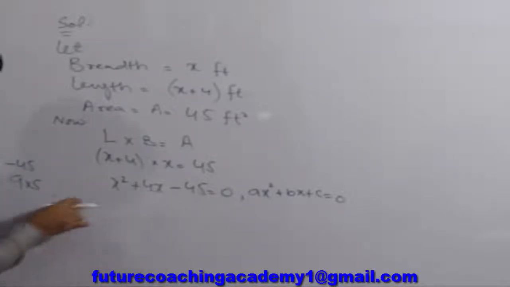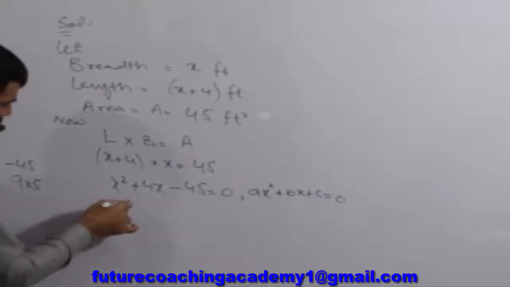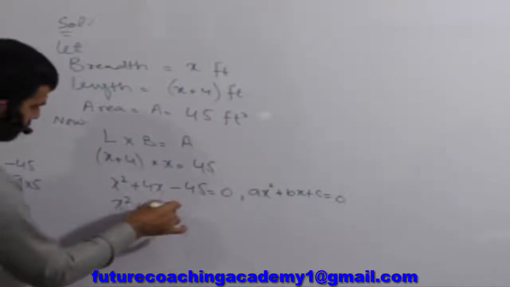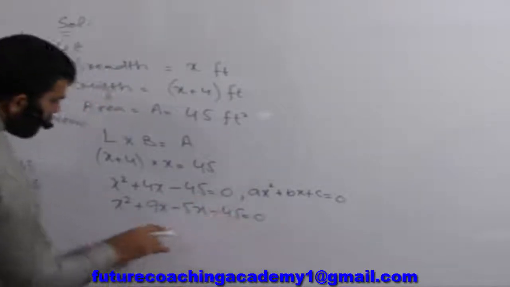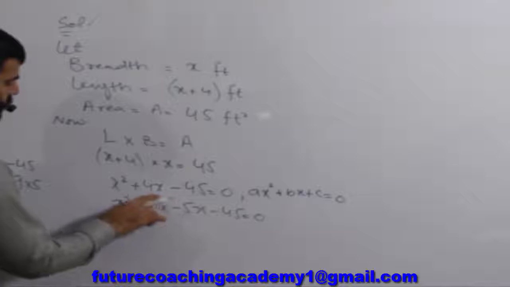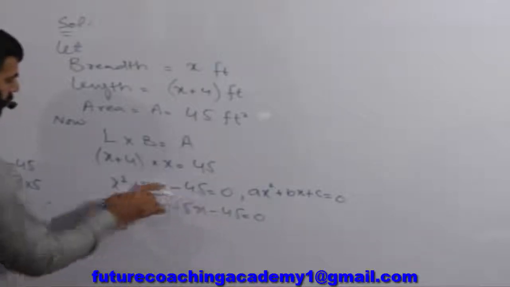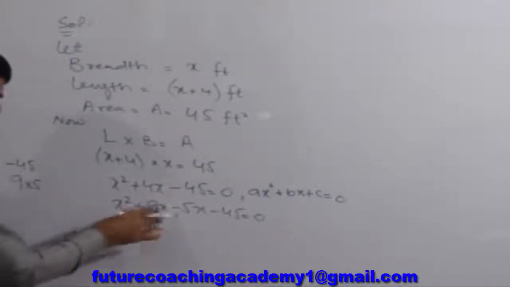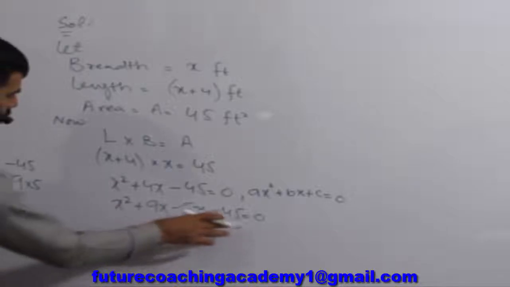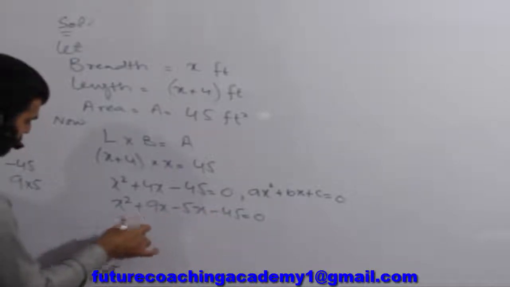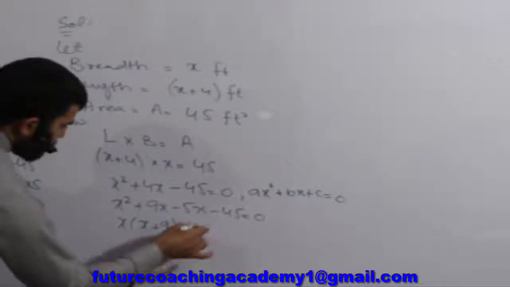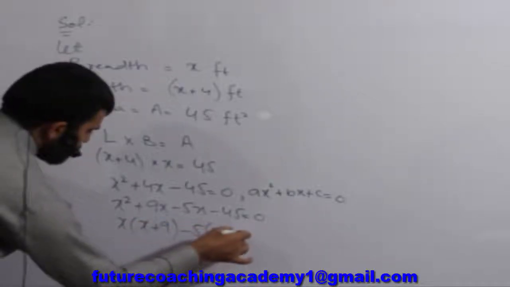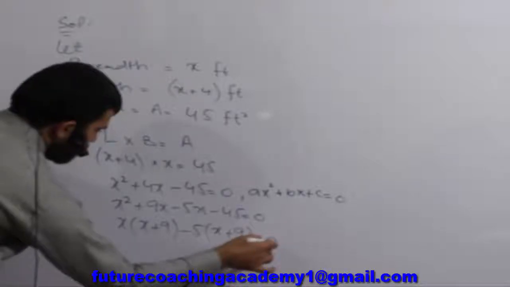Now we can break the middle term by writing 9x and 5x. You can check 9 minus 5 is 4 and 9 times 5 is the product of the extreme two terms. So now we can take common factors from the first two terms and the last two terms. x is common over here, x plus 9 is left, and minus 5 is common, and x plus 9 is left.